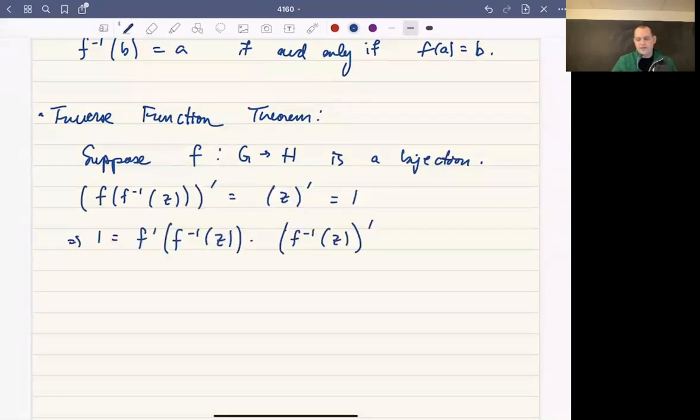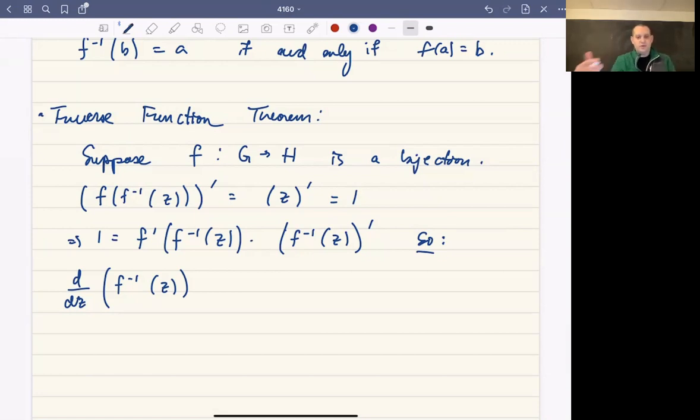Okay, and so what this tells you is the following, and this is what the inverse function theorem really says: if you want to find the derivative of the inverse function of f at z equals z naught, this is going to be 1 over the derivative of f evaluated at f inverse of z naught, assuming, of course, that the quantity in the denominator is non-zero. So assuming f prime of f inverse of z naught is not equal to 0. Okay, and so that is the inverse function theorem.